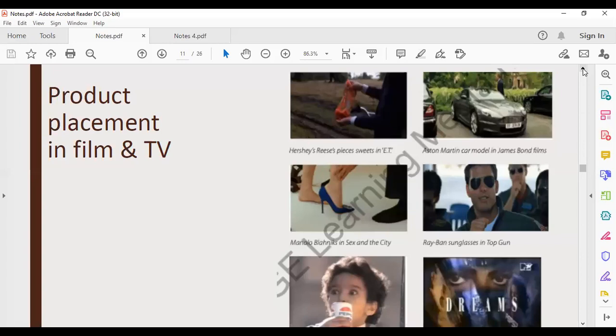We have seen different movies with different cars. Those are advertisements as well. These days, the film industry usually advertises the latest cars or classic cars.